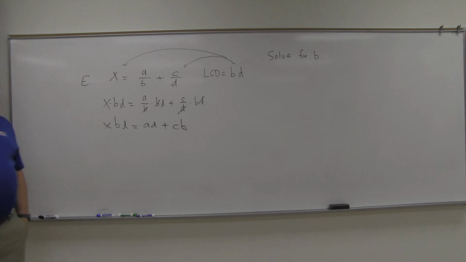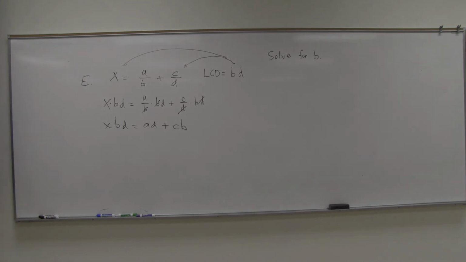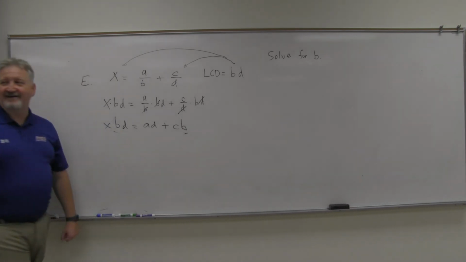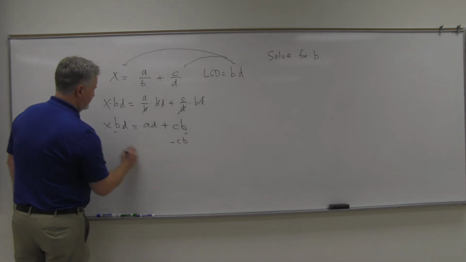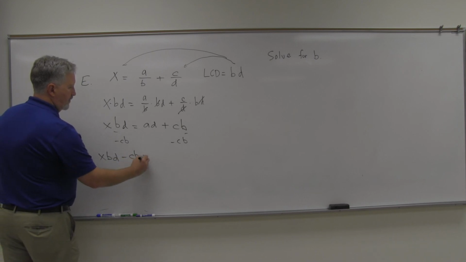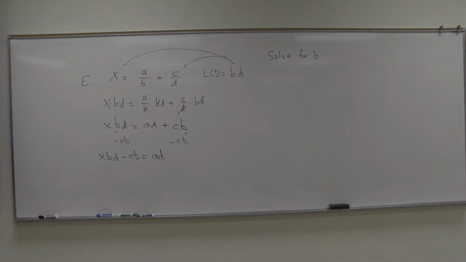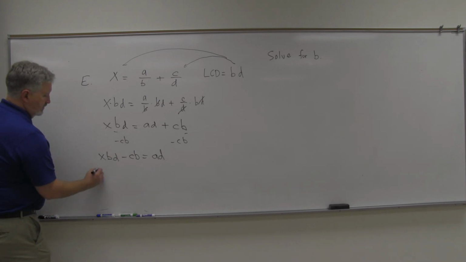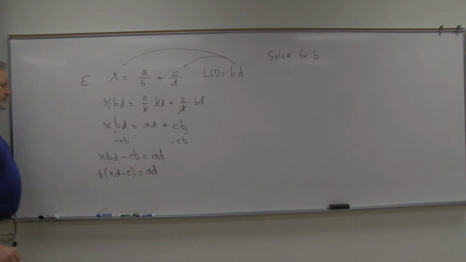So yeah, this is definitely the most complicated one we've had so far, because notice we got B here, we got B here. We got 2 B's. Well, we need to have those B's on the same side, so that's first of all what we do, get the B's together, so subtract the CB to get it with this B. All right, and so the next thing, once we have the B over here, then we can factor off the B, make it XD minus C equals AD.